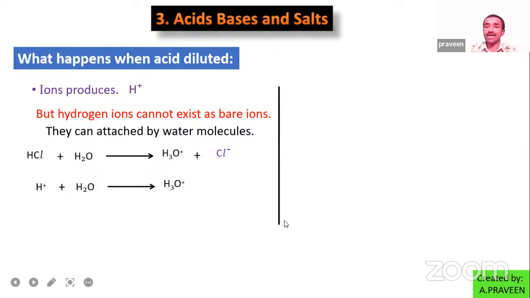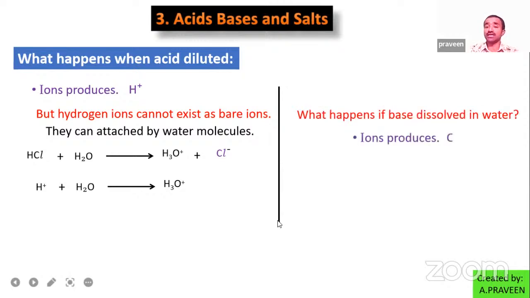Then if you add a base into the distilled water, or if you conduct that activity with the base, in dried condition also we can observe ions produced. What ions? OH minus ions.